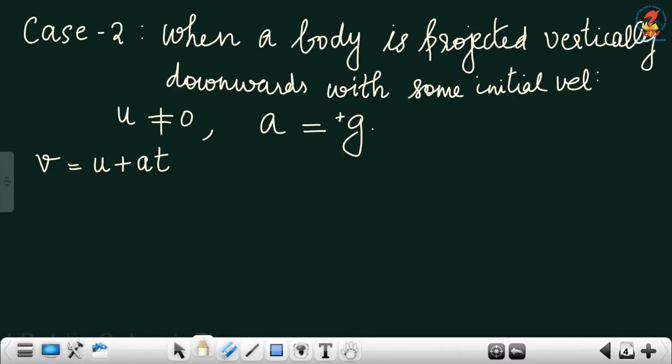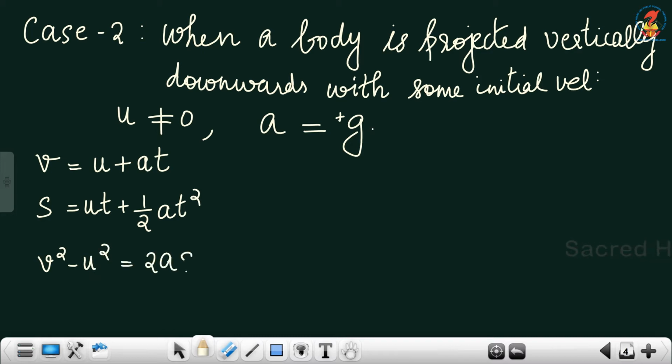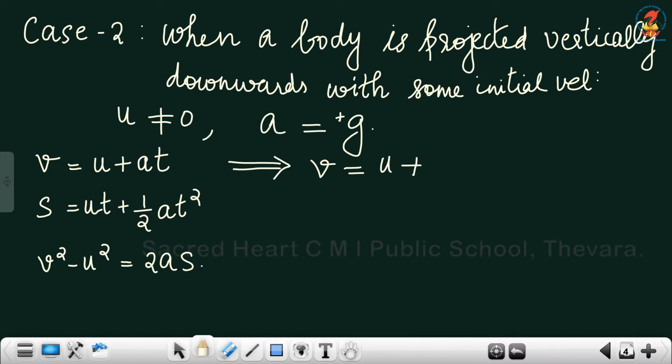Already we have equations of motion as v is equal to u plus at, s is equal to ut plus half at square, and v square minus u square is equal to 2as. These are our equations of motion. Now for free fall, the first equation becomes v is equal to u plus, instead of a we have acceleration due to gravity, gt.